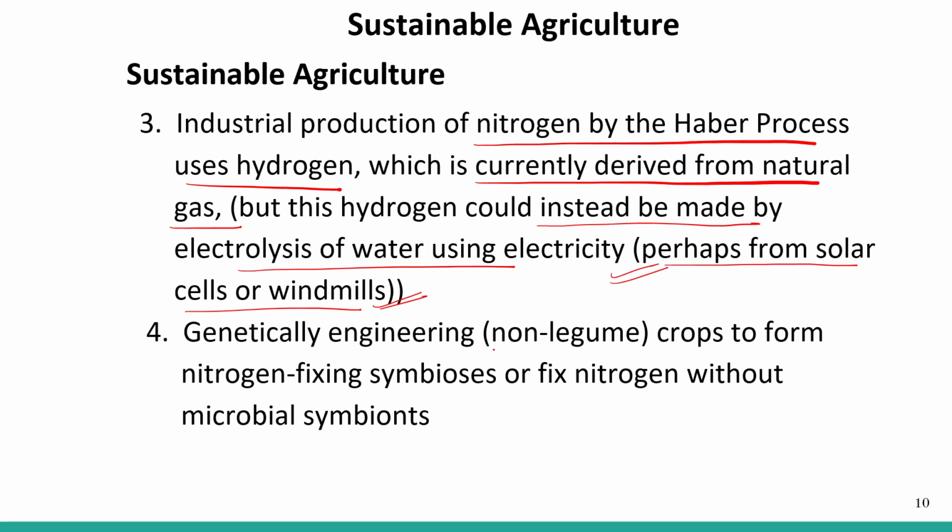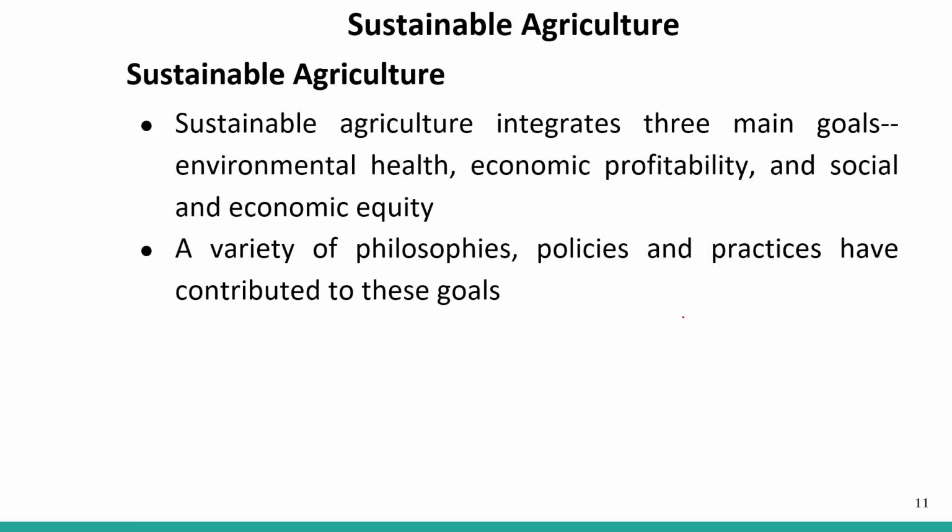Genetically engineered non-legume crops could form nitrogen fixing symbiosis or fix nitrogen without microbial symbionts. So we can go for microbial symbionts, or we can use genetically engineered non-leguminous crops to form nitrogen fixing symbiosis, right? So there are so many options for sustainable agriculture.